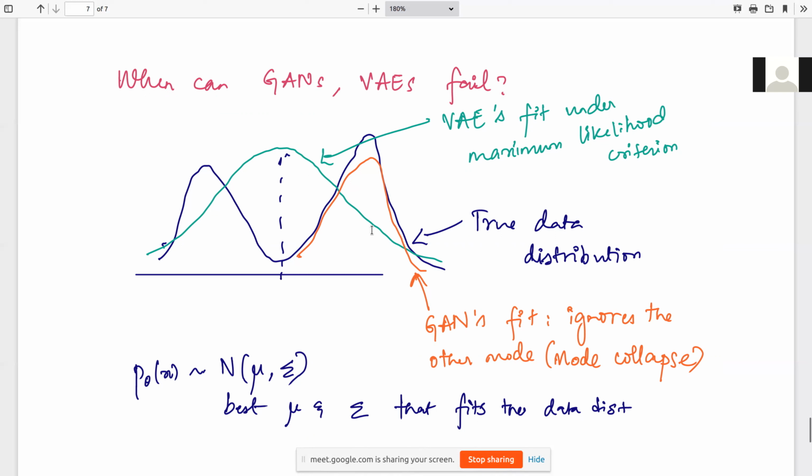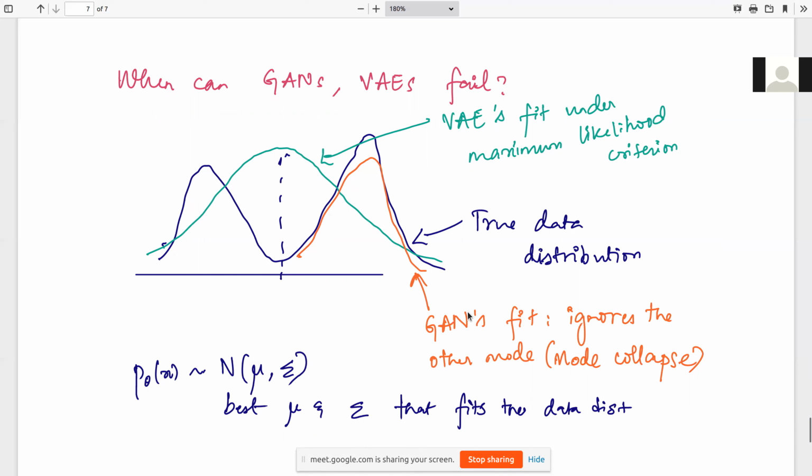In the case of GANs, suppose this blue distribution here is the true distribution, and it has two modes. One mode is this, and the other mode is this. The issue with GANs is that they are not able to model both modes. It will try to stick to one of the modes, so a GAN may fit exactly one mode here and ignore the other.